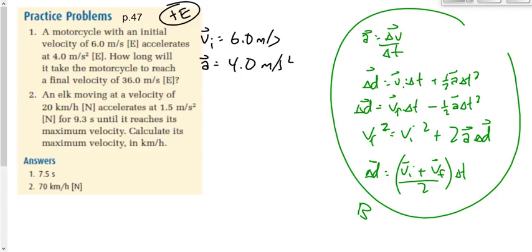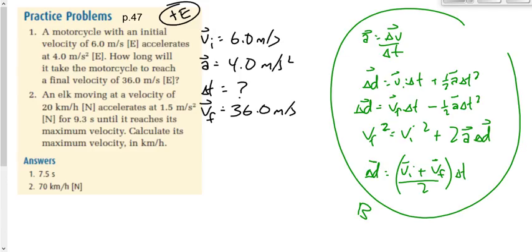What are we looking for there? How long will it take the motorcycle? What variable is that? Yep, that's time. We're looking for the time. How much time does it take the motorcycle to reach a final velocity of 36 meters per second? We're going to say v_f is equal to 36 meters per second. Agree? Okay, which one do you want to try?